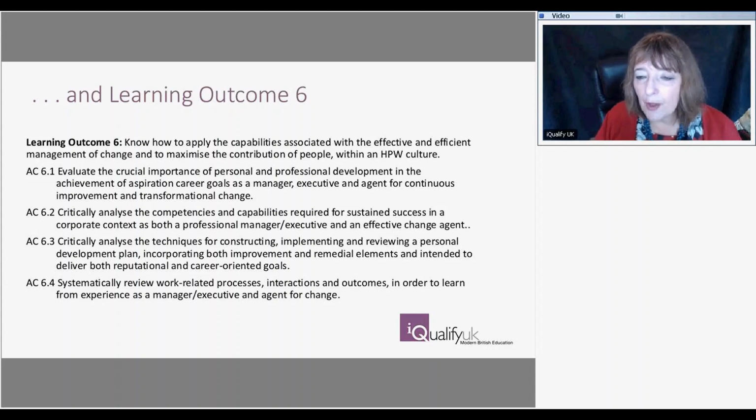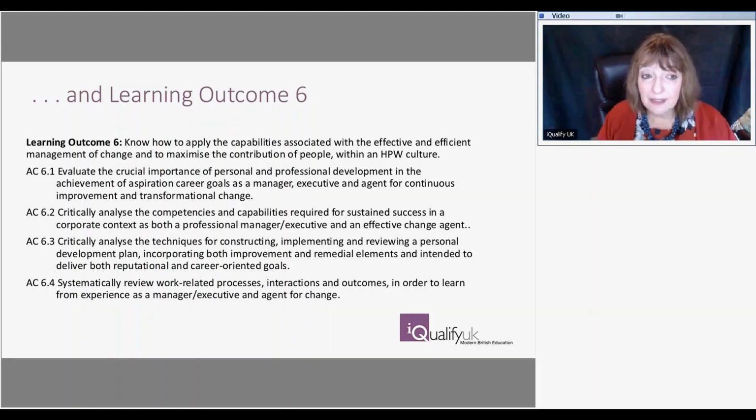And although it talks about change, the reality is that this particular learning outcome is very much about professional development, so that individuals and organisations, as you will recall in the lectures, can contribute in an ongoing way to changes within a particular market or market structure. Okay, so that's the learning outcome.